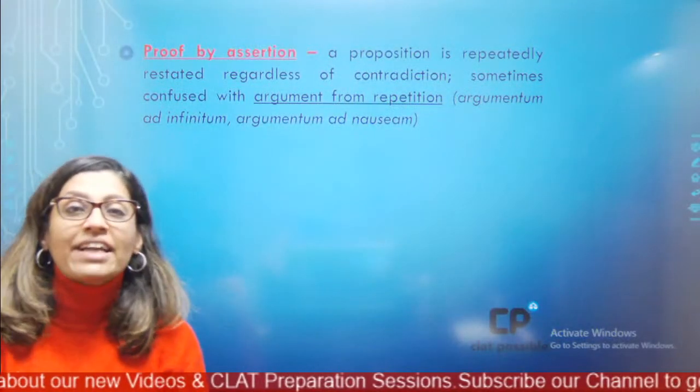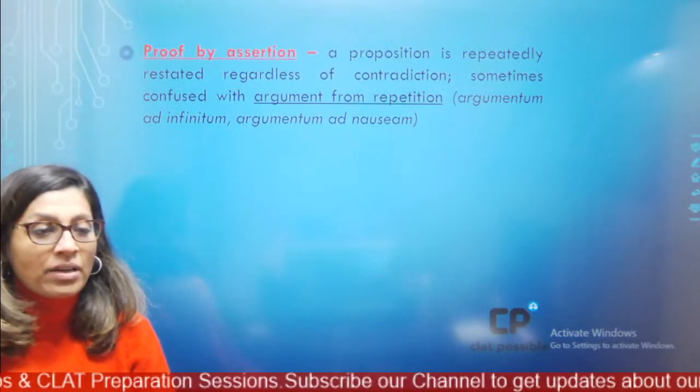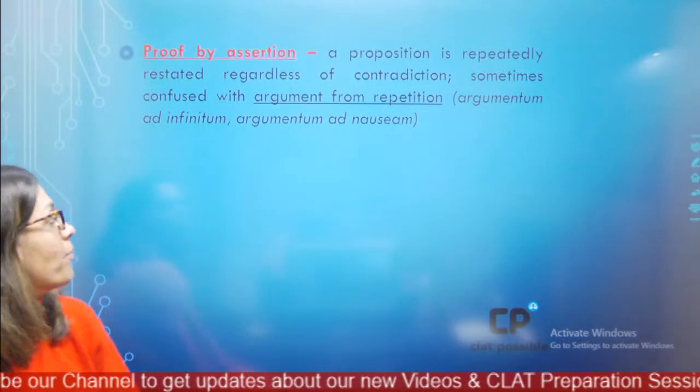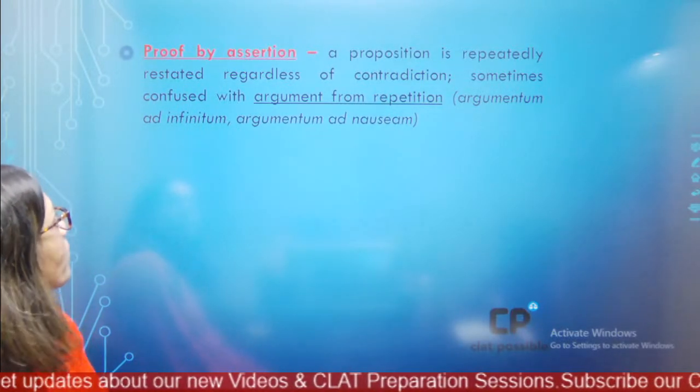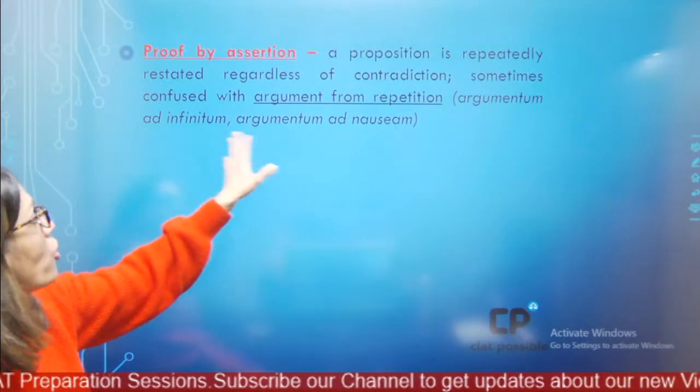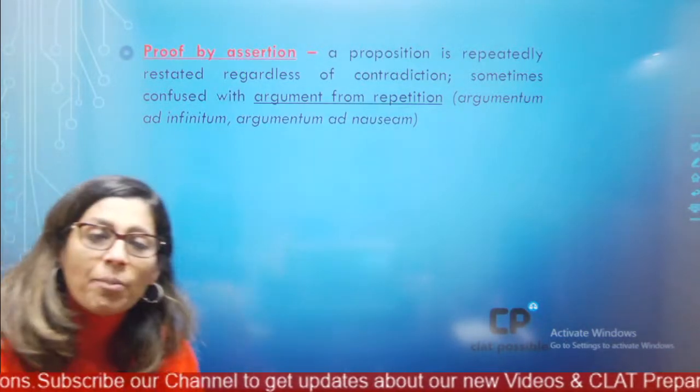I'm going to skip divine and then come to the last one. We have had enough of parental criticism today. So let's go to one fallacy that you have done, right? Proof by assertion or argumentum ad nauseam or argumentum ad infinitum.